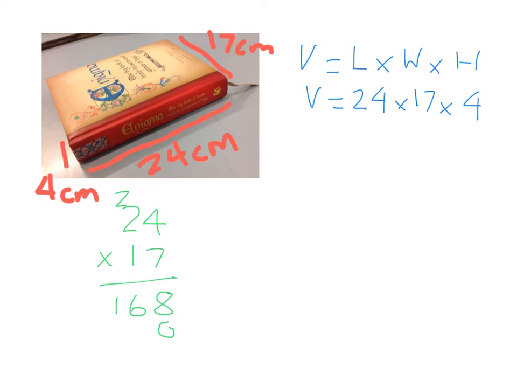I have a 0 to begin, 1 times 4 is 4, and 1 times 2 is 2. If I add these together now, I'll be left with an 8 there, 0, 10, carry the 1, and 4. So 408. Therefore, my volume is going to be equal to 408 multiplied by 4.